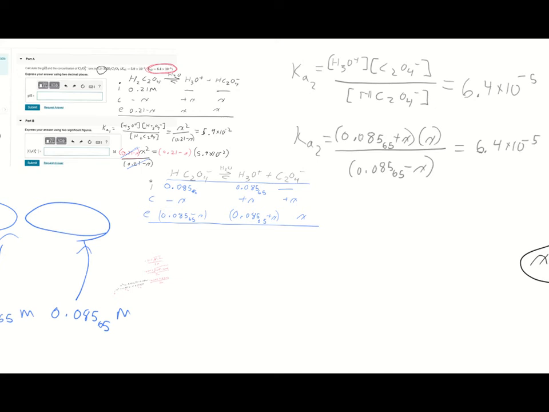Well, 100 times 6.4 times 10 to the negative fifth is less than 0.08565, so we can make the assumption.